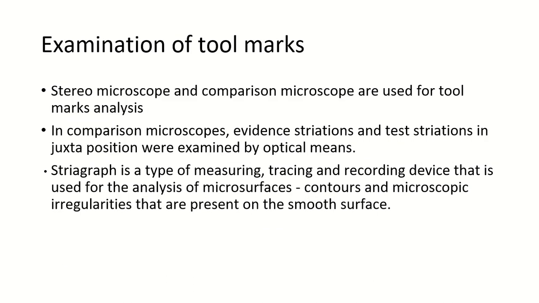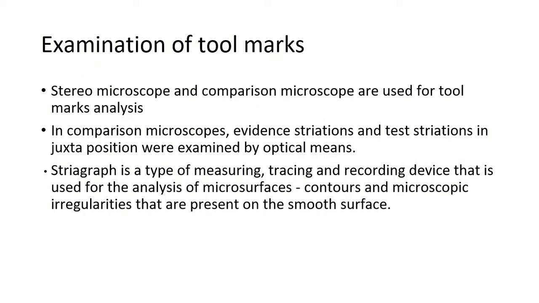Examination of tool marks can be done using a stereo microscope and a comparison microscope. In the comparison microscope, evidence striation and test striation in juxtaposition, juxta meaning side by side, are examined by optical means. On the left side there will be the test, on the right side the standard, or vice versa.